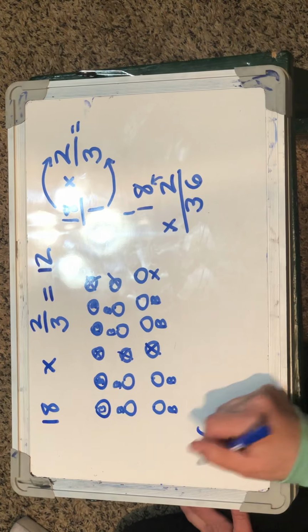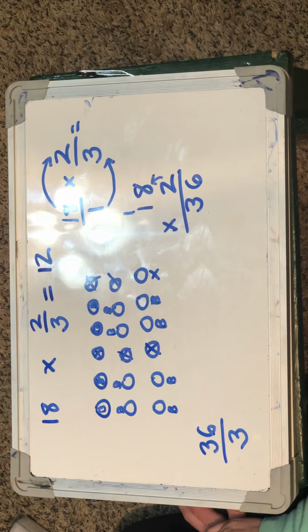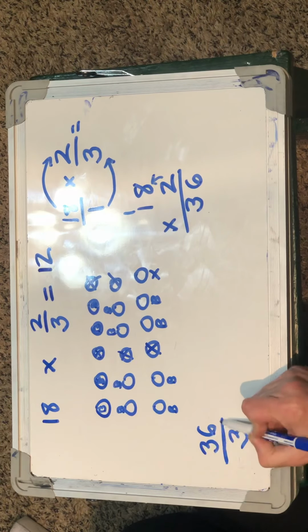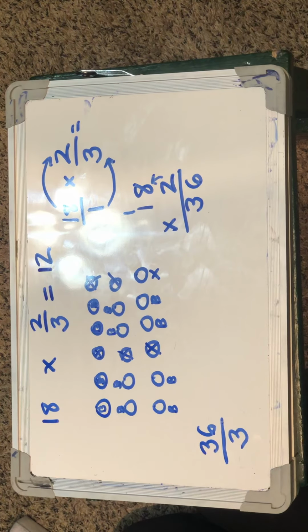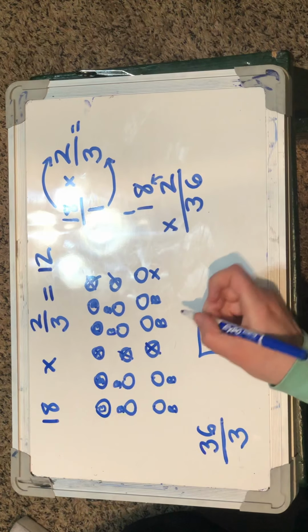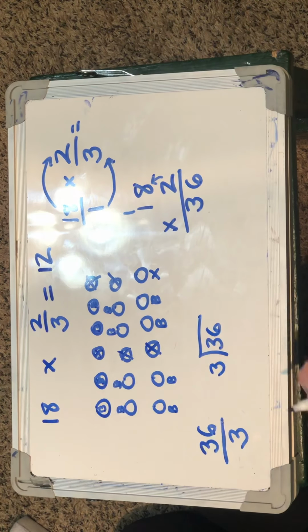Okay? I can't leave my answer like this. I need to convert it back into a whole number, right? Fraction line means divide. So I can set up here, this is a much smaller equation, 36 divided by 3.